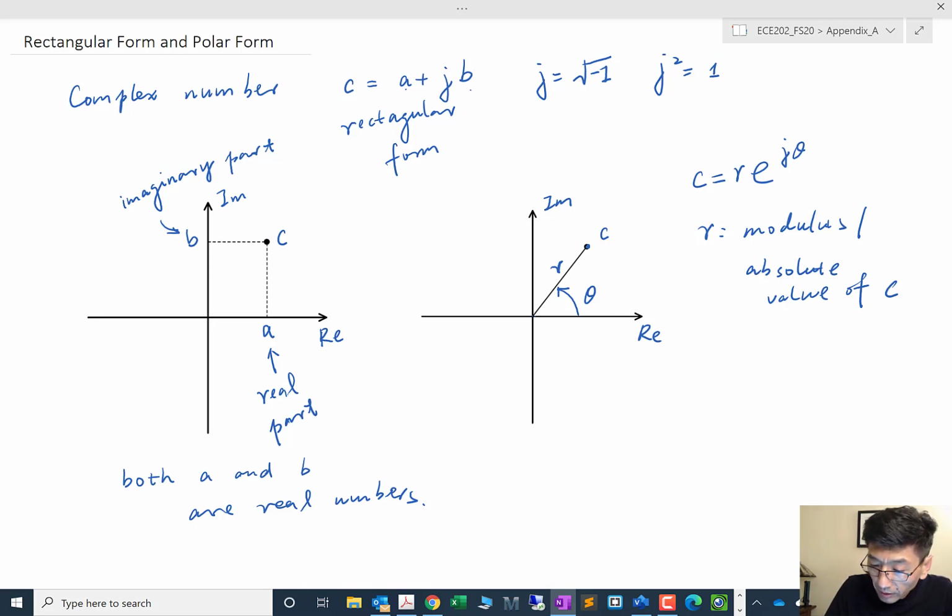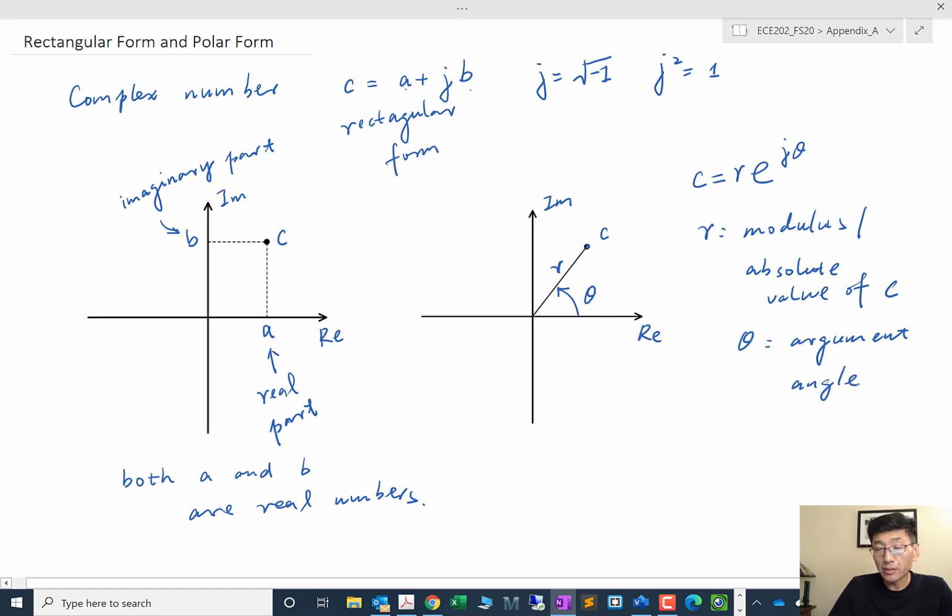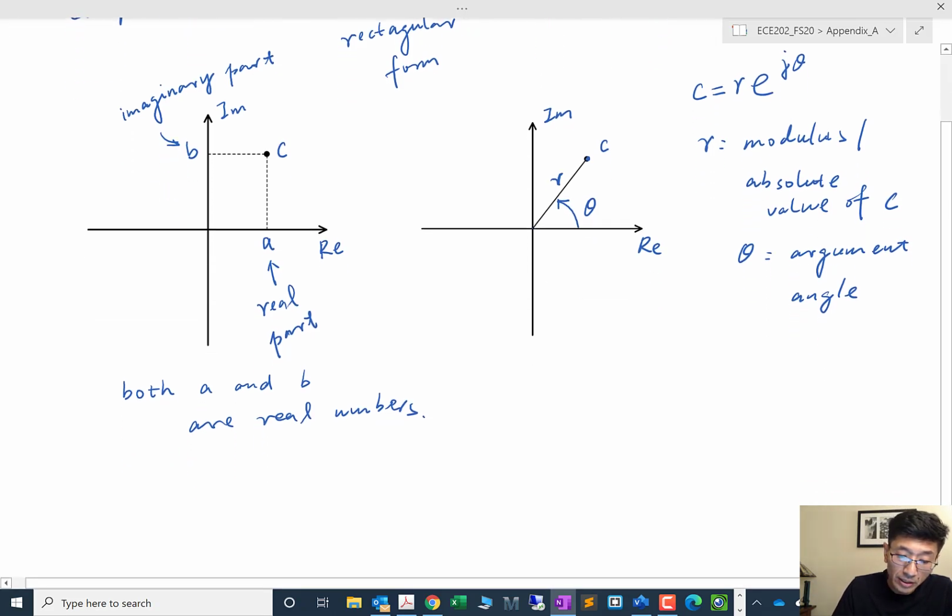And theta is the argument, or sometimes we just call it the angle. We go counterclockwise for a positive angle, and we go clockwise for negative angles, so the phase angle will be negative. So these are two different ways of representing the same number.